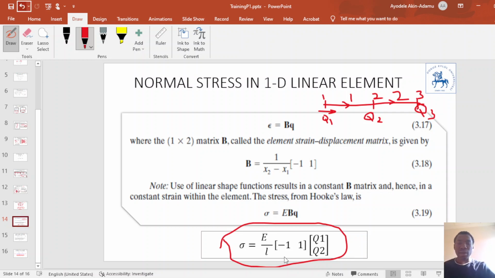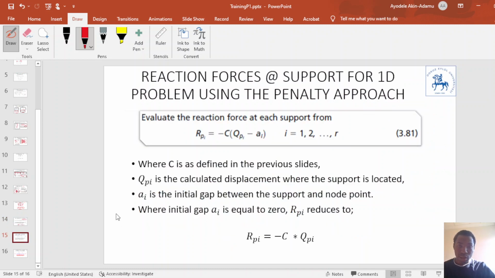After we've calculated the normal stress in the linear element, there's also a formula for calculating the reaction at support. In my next slide, I'll show you the formula. So this formula is used to calculate the reaction at support for a one-dimensional linear problem.